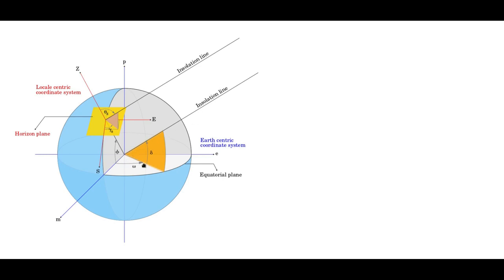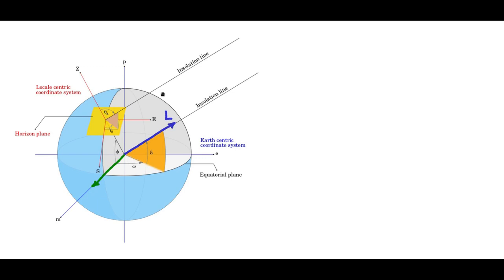And in this earth-centric coordinate system, let us see how the insolation L gets resolved. Consider an insolation vector L like this, and this insolation vector can get resolved into three orthogonal components along the meridional axis, along the east of the meridian, and the polar axis, like this.